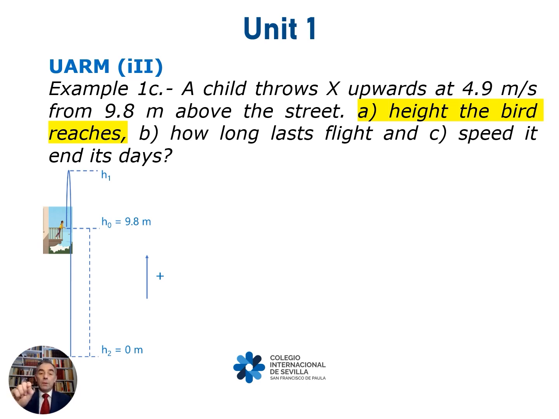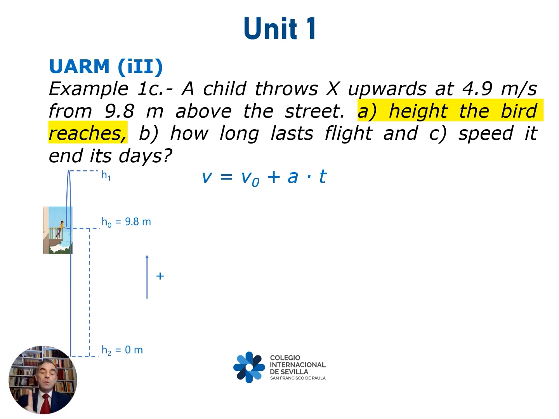We know that the expression that gives us speed in terms of time in the uniformly accelerated rectilinear motion is v equals v0 plus the acceleration multiplied times time. Now, in this case, the acceleration is gravity, and gravity goes downwards.